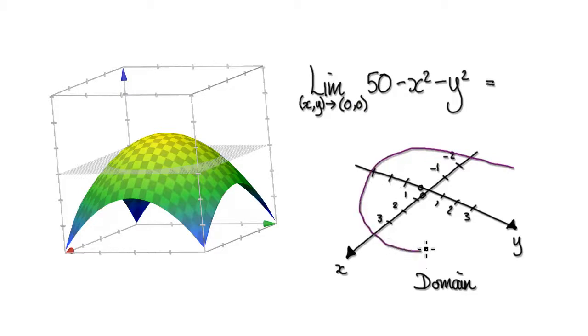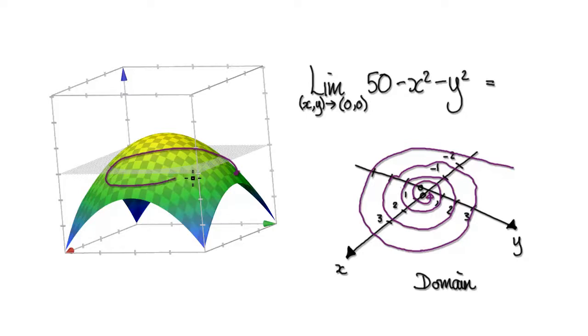If you're an ant walking around like this, you have the right to walk in this manner, as long as you head towards the origin. Let's say you start here and walk around like this. Where will you be heading as you approach the origin? The height will be, in this case, 50. So the limit here would be 50.